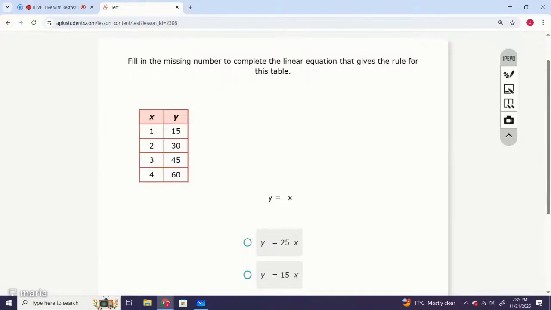Fill in the missing number to complete the linear equation that gives the rule for this table.